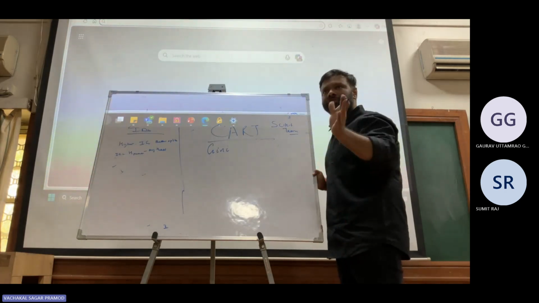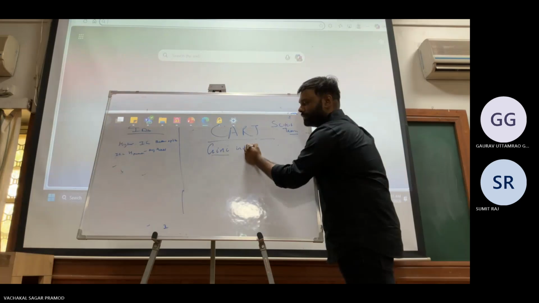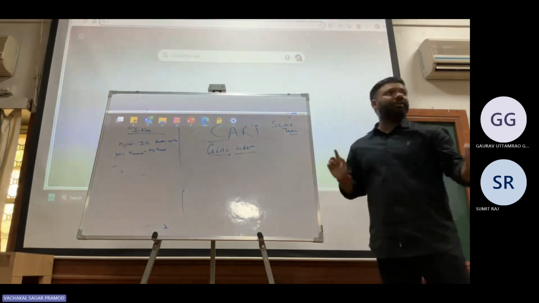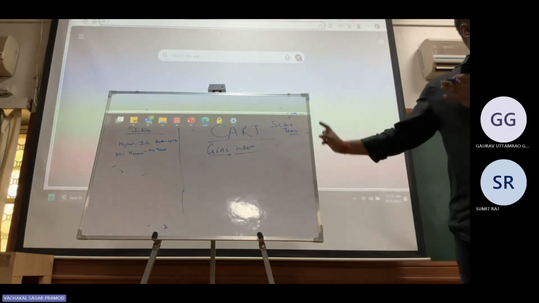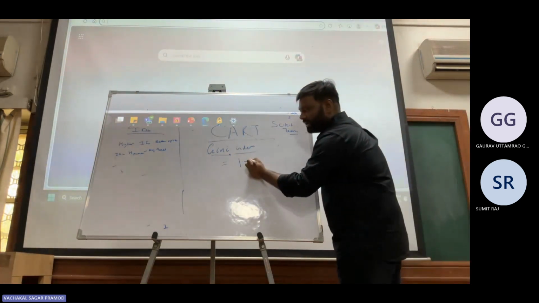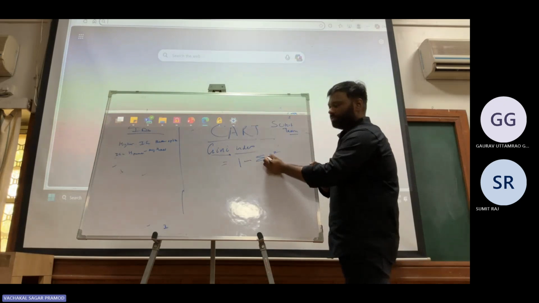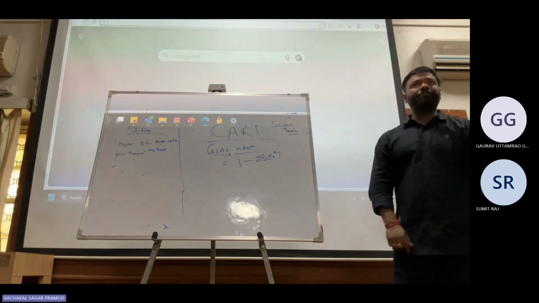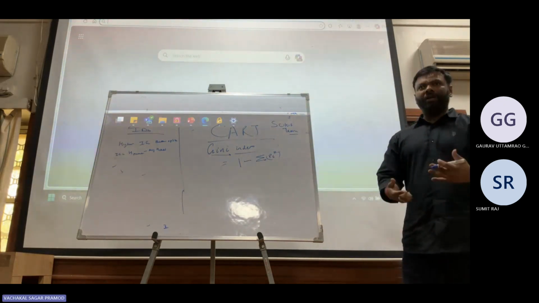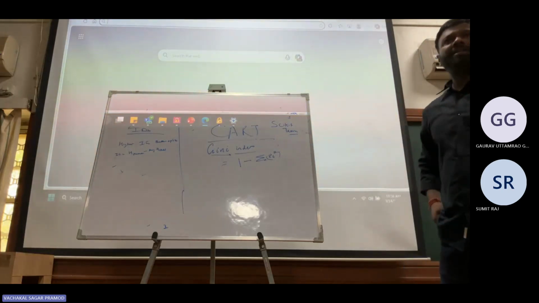Somebody calls it Gini, but mostly it is Gini index. This is the term which replaces entropy in CART. Gini index is 1 minus the summation of probability squared. They have a different method to segregate and find the best node.